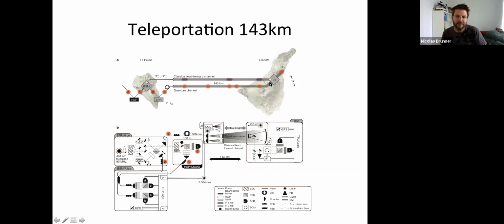It's because they are dedicated astronomical locations on these islands. They have good conditions to observe the stars and nice telescopes, therefore. So what people did here is to use these telescopes to distribute entanglement and to make a teleportation experiment between La Palma and Tenerife.